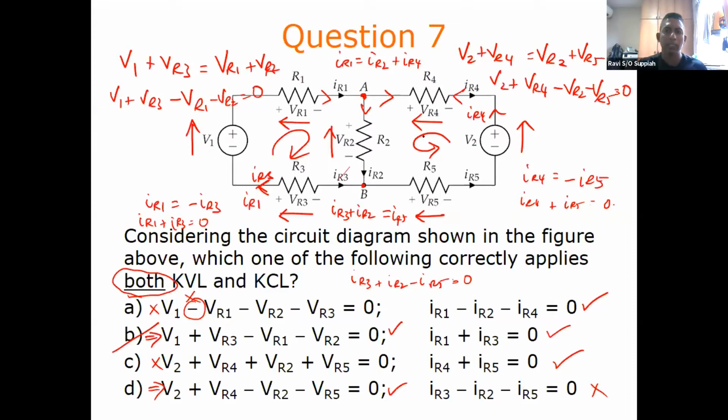With the assumption, you are supposed to derive expressions for node A, for node B, for the loop in the left part of the circuit, and the loop in the right part of the circuit, and then later on we will analyze it. So you can make any assumption you like as long as the equations are correct based on your assumptions. Okay, so that is the main idea.